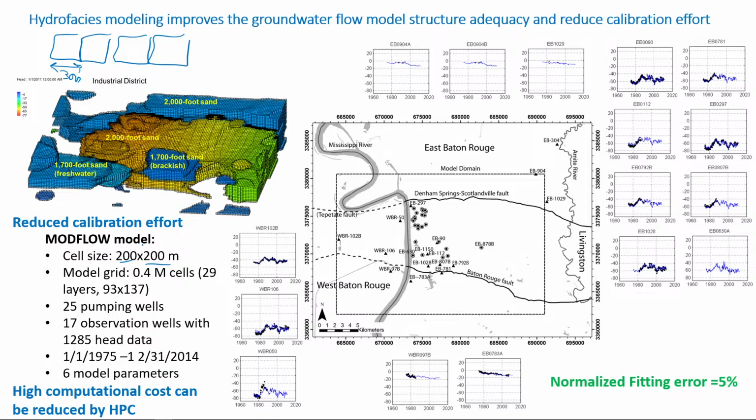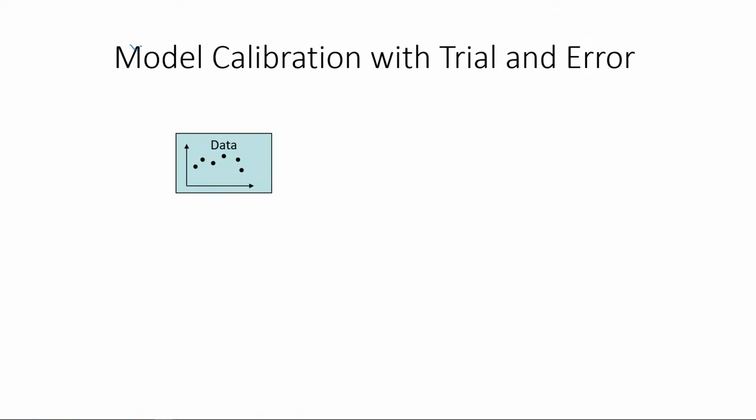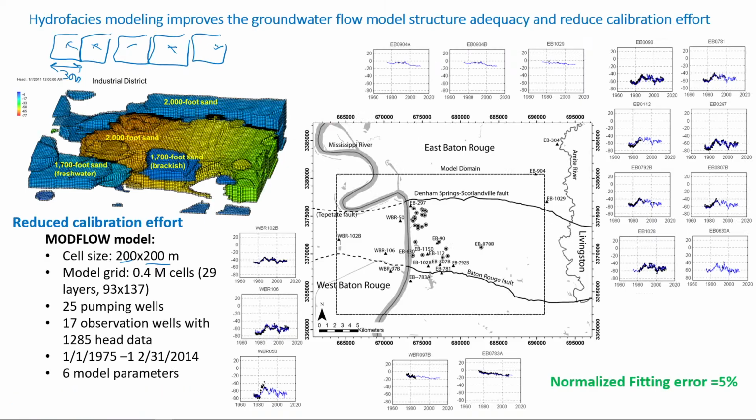Here each cell is 200 meters, and the number of cells is about 400,000. In the previous model we only had 5 cells, H here and H here. Here this is a real life example.